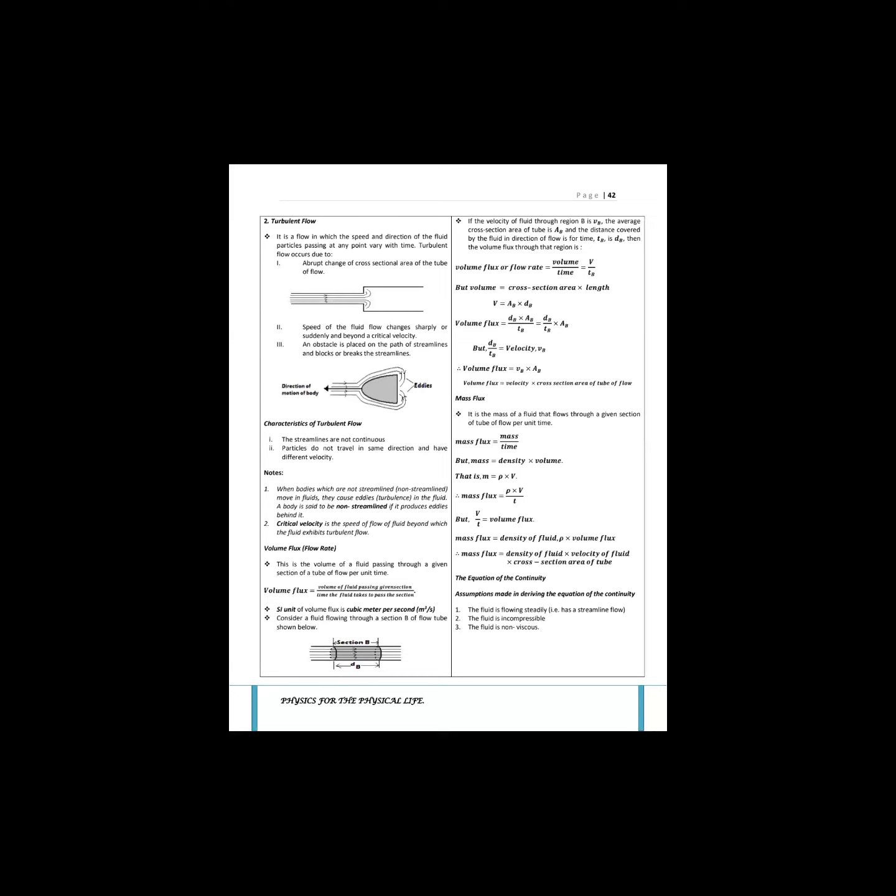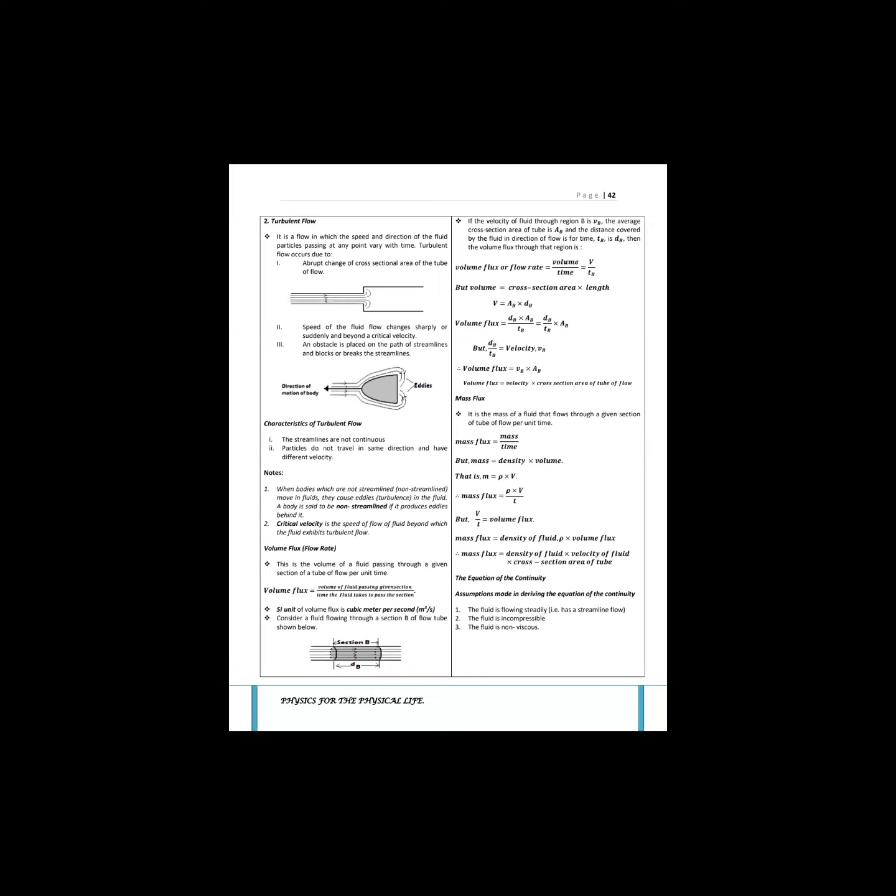Therefore, the volume flux can be, we replace d over t with velocity, so it will be the velocity multiplied by area.